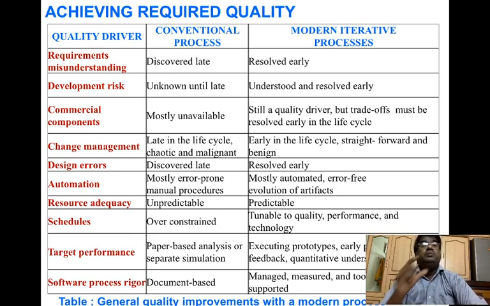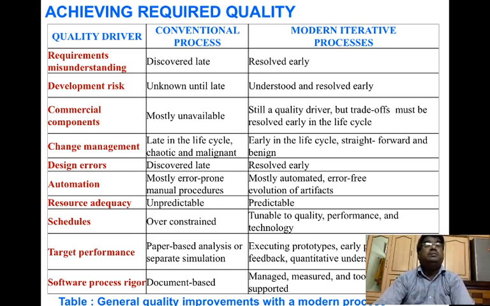Even a small piece of code was not available from outside the organization. They had to start from scratch and write each and every part of the program on their own. That's why it is called 100% customized. In case of modern process, it is still a quality driver, but trade-offs must be resolved early in the life cycle. Commercial components are available so that you can use that code or tool directly in the software product.